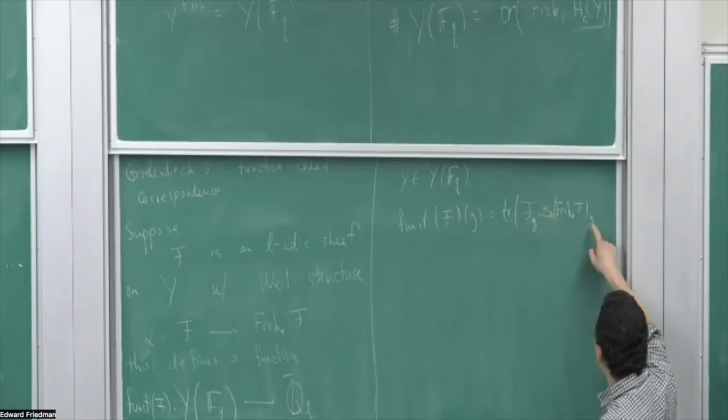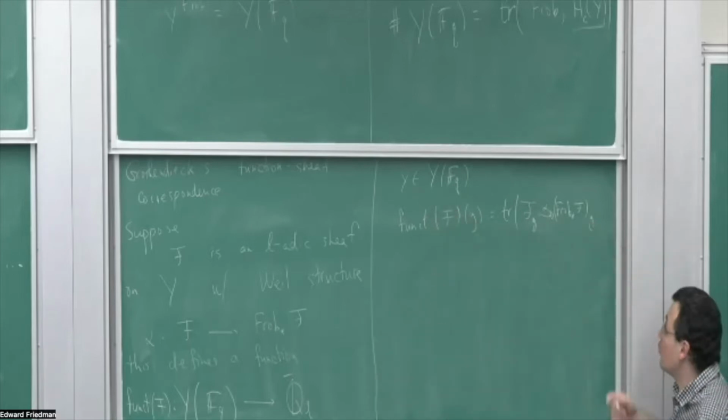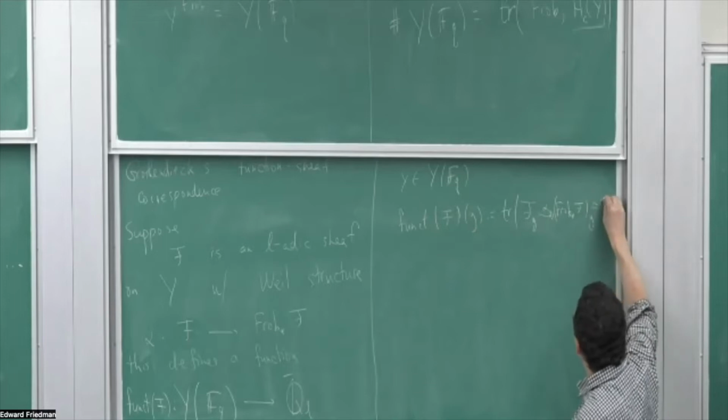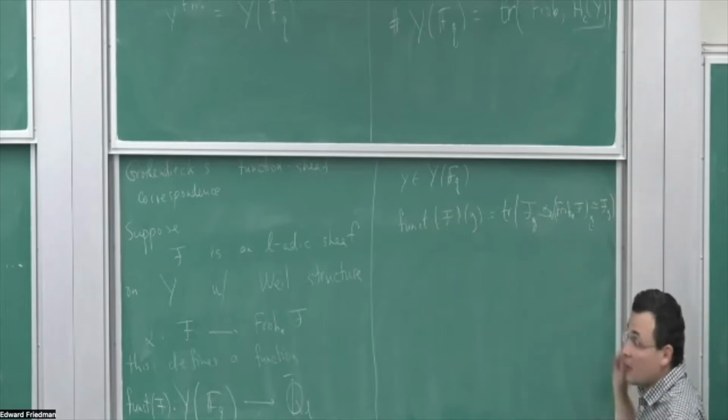But precisely because y was a rational point, in other words, a fixed point of the Frobenius, this is canonically identified with the fiber at y. So you take this composite map and take its trace, and that's the value of the function.